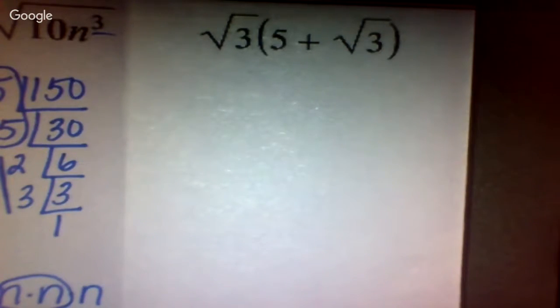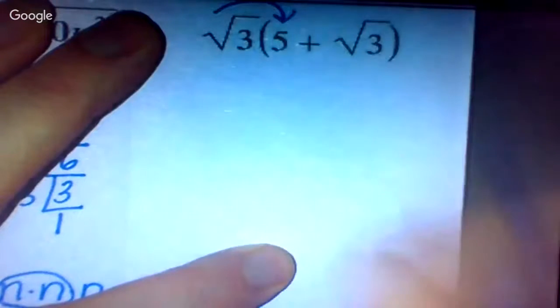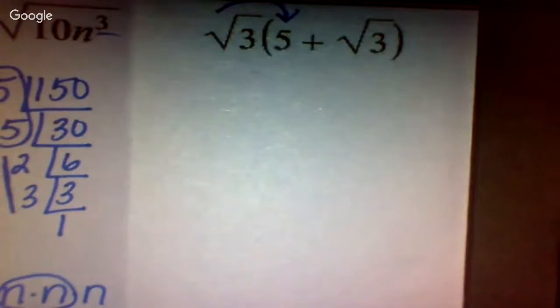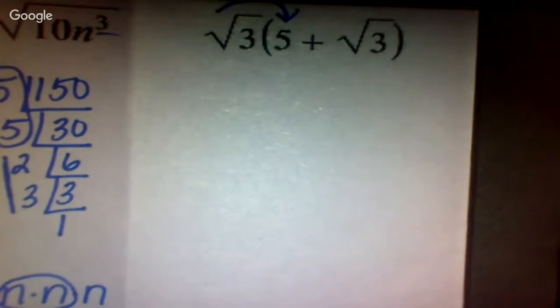Whenever you have something outside of a set of parentheses, you must multiply and distribute to each piece. So we're going to take the square root of 3 times 5 first. Remember, multiply the numbers outside of the radical first. What's outside of the square root of 3? 1. Is 5 inside a radical?